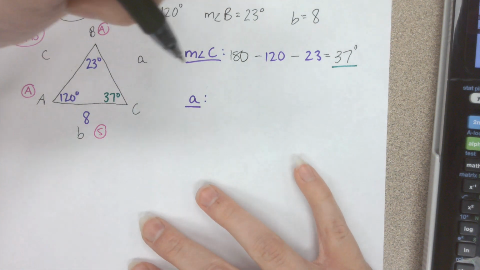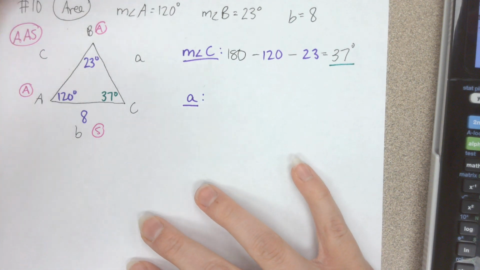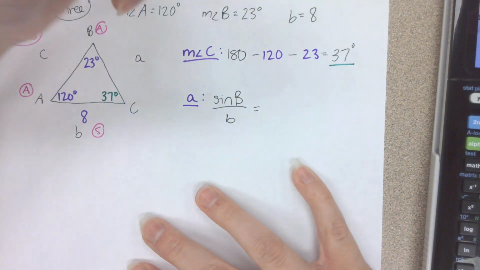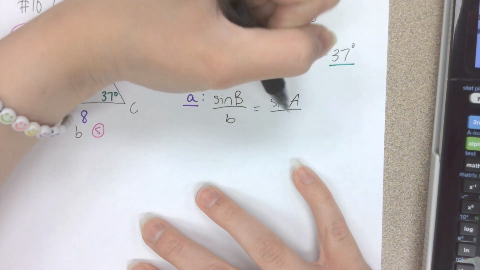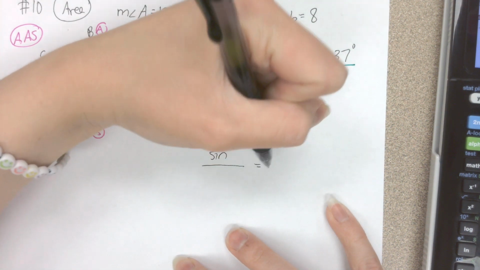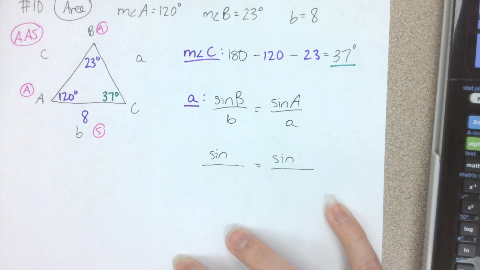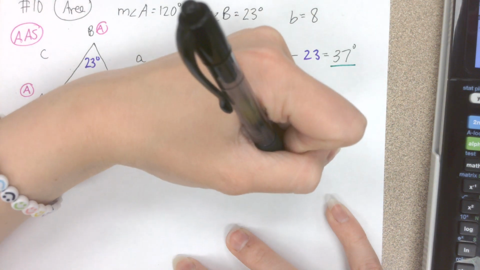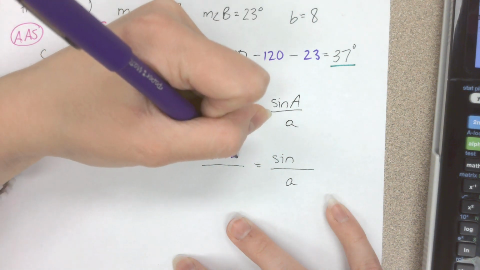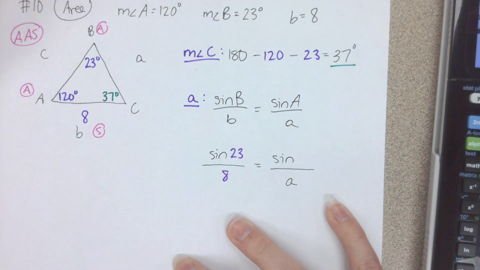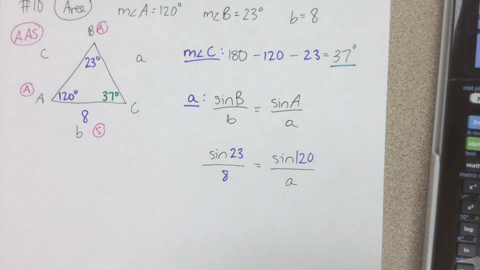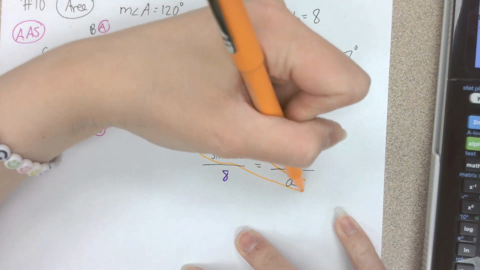Okay. So we have the B's were given to us, so I'm going to use sine of B over B. Equals, and I'm looking for A, so sine of A over A. So the B's, we have 23 over 8. And then the A's, we have 120 for angle A, and then side A is unknown. Cross multiply.